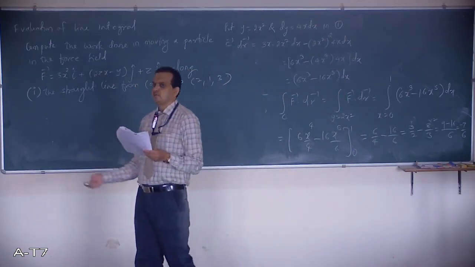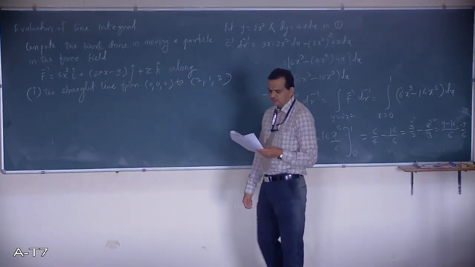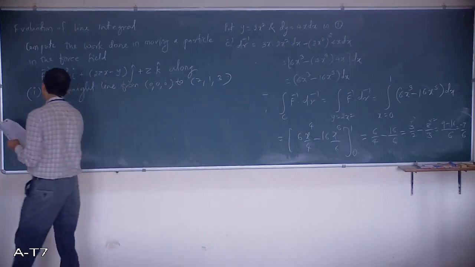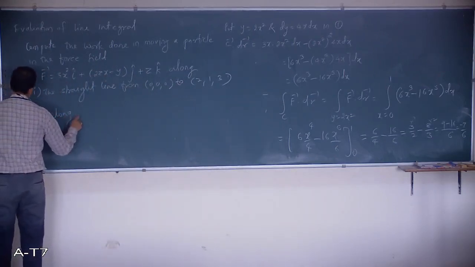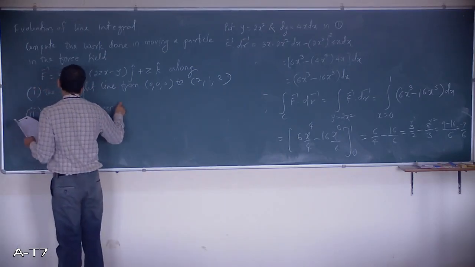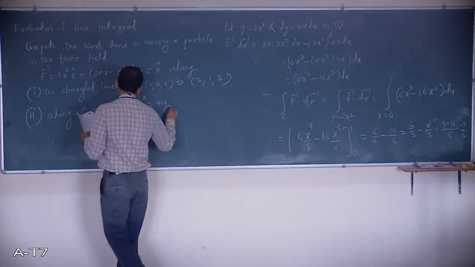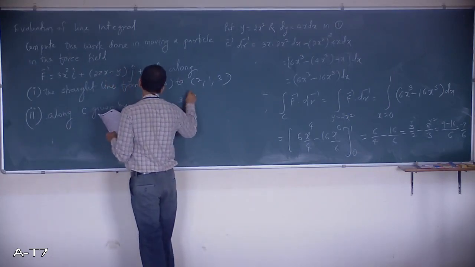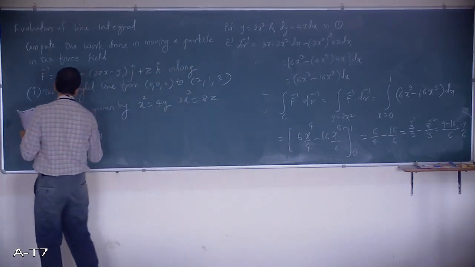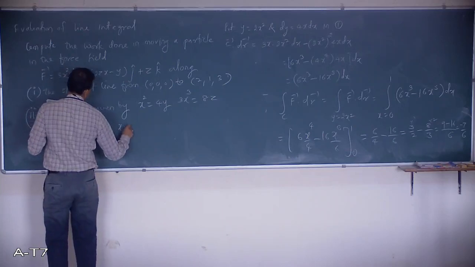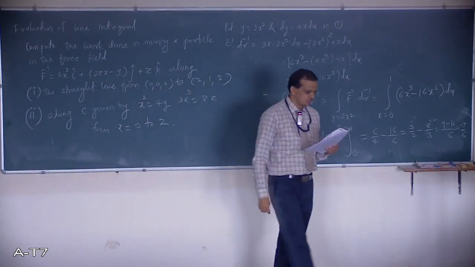Along one curve you find, other curve also you have to find. So the straight line from 0, 0, 0 to 2, 1, 3. Second one, they are given a separate curve along C given by, from x is equal to 2.